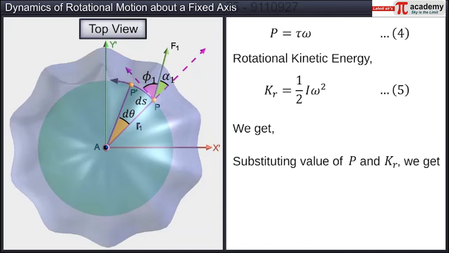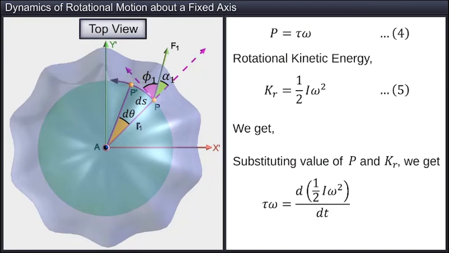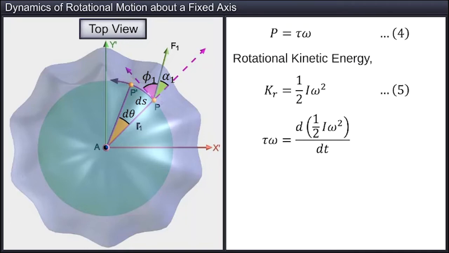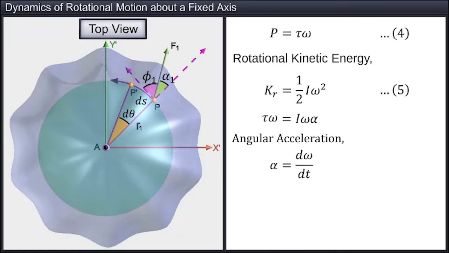Substituting the value of P from equation 4, P is equal to tau omega, and Kr from equation 5, Kr is equal to half I omega square, we get tau omega is equal to d of half I omega square by dt, equal to I by 2 into 2 omega d omega by dt, which is equal to I omega alpha, where angular acceleration alpha is equal to d omega by dt.